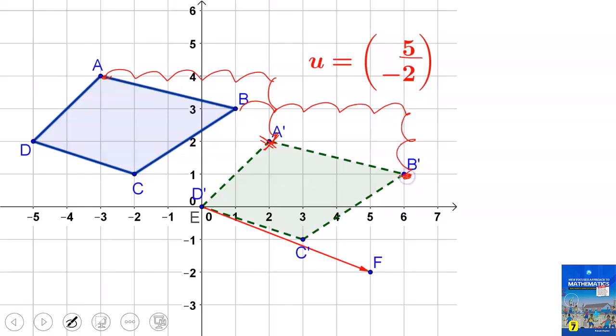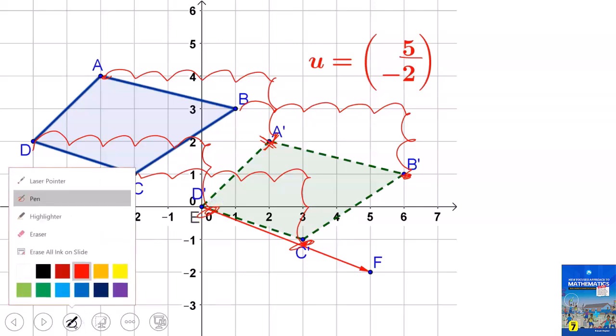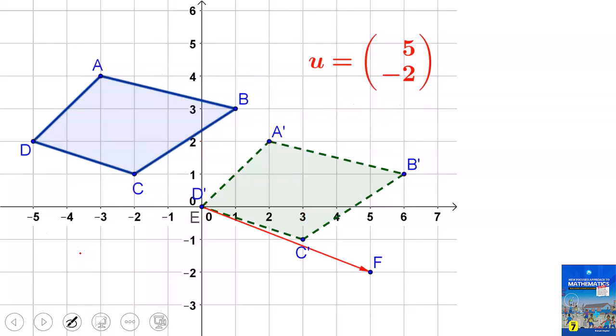So we see where B also is. C will be 1, 2, 3, 4, 5, then I go down 1, 2, then I get the point. D will be 1, 2, 3, 4, 5, then I go down 1, 2, then I get my point. And so I can plot these points without difficulty, right? And that is how translation works.